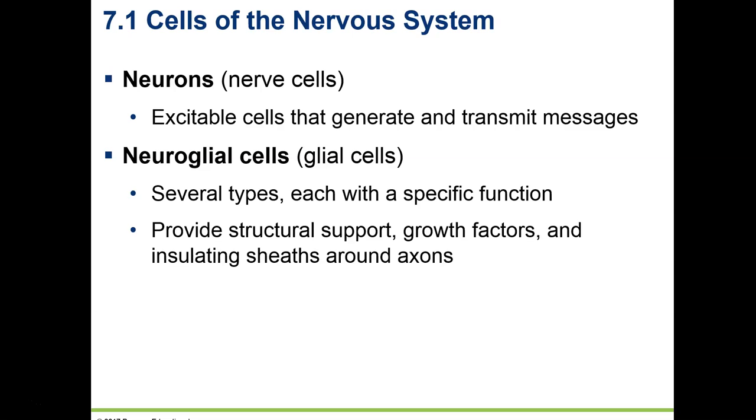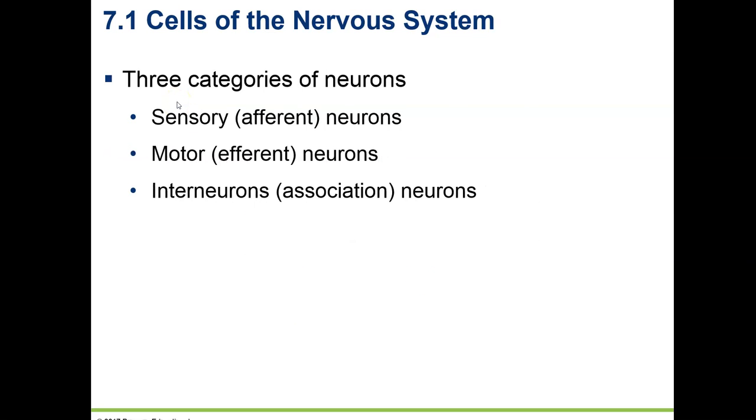There are 6 kinds of neuroglial cells in our body, and each kind has a specific function. They provide support to the neurons, they provide growth factor to the neurons, and they form an insulating sheath around the axon of the neurons.